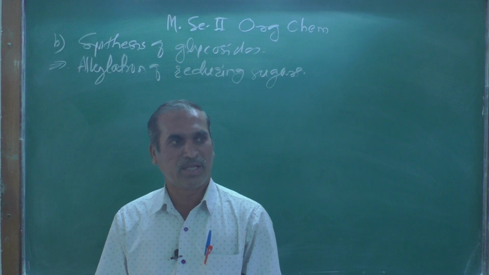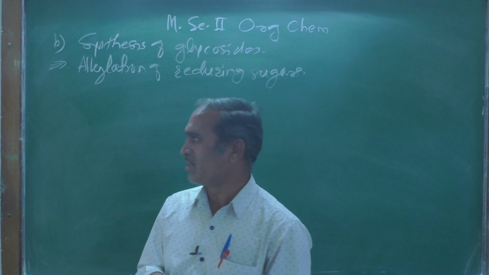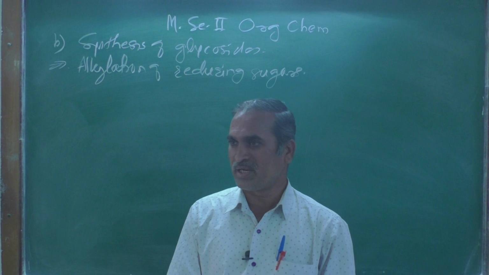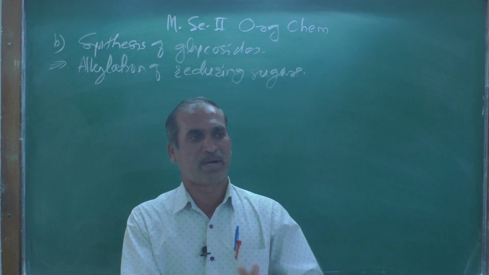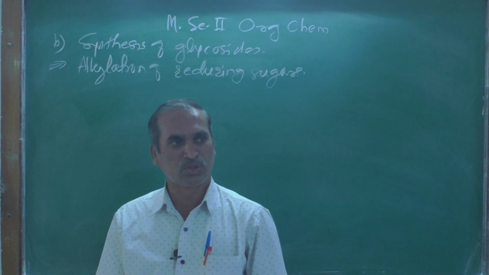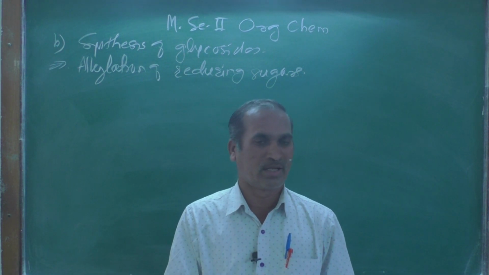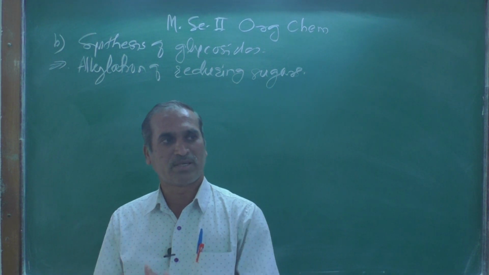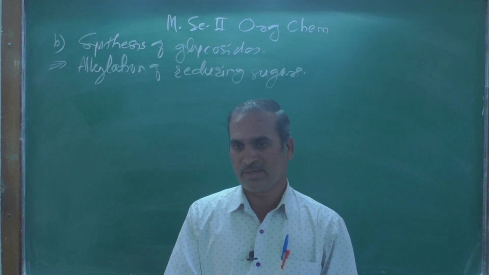The third commonly known disaccharide is lactose, which is present in milk. Lactose is made up of one galactose unit and another D-glucose unit combined together with the elimination of water, forming a glycosidic bond, and the resulting compound formed is called a disaccharide.